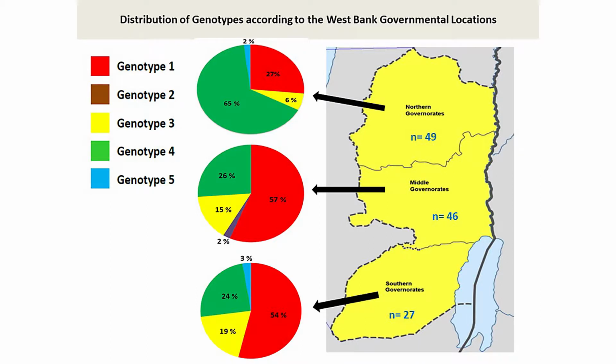This slide shows the distribution of hepatitis C genotypes in the West Bank's 11 districts.